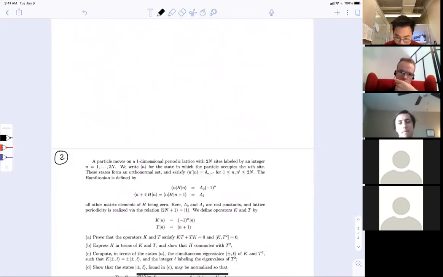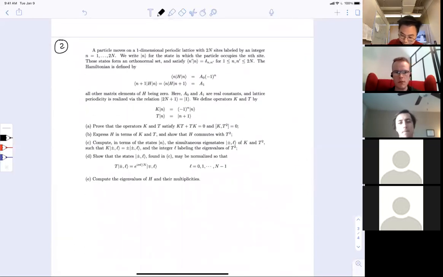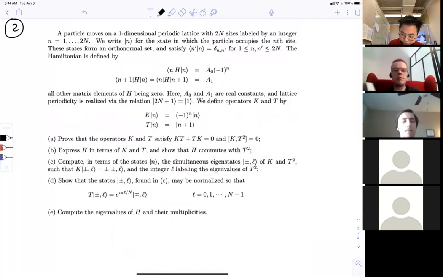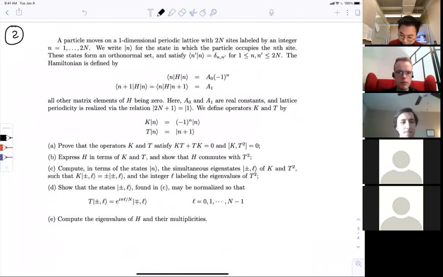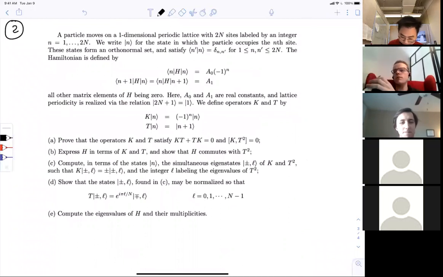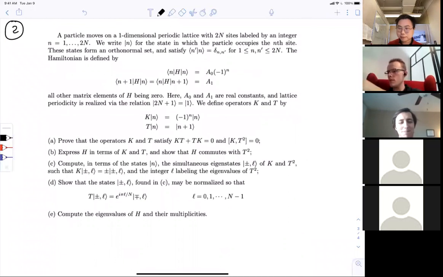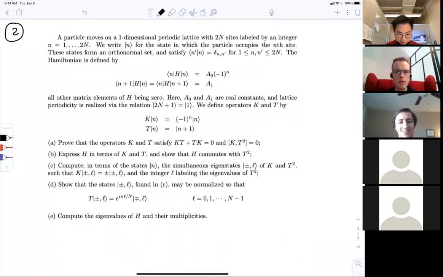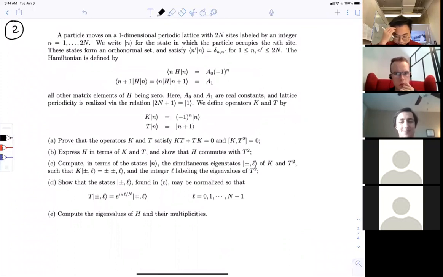Okay, so let's look at the next problem. It's also about symmetry, translation, whatever. You may take a look and think about it.